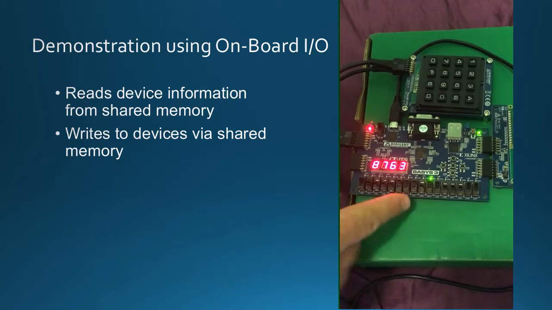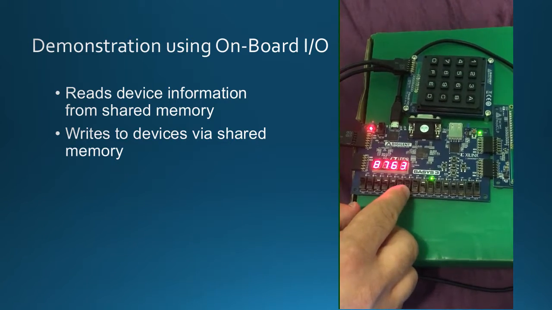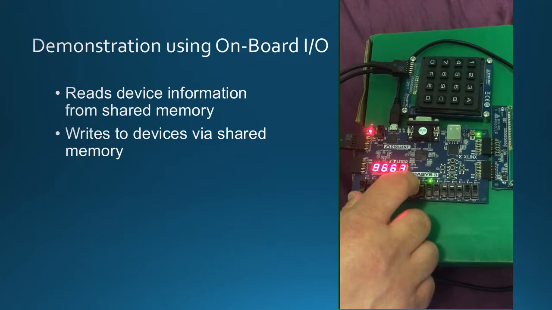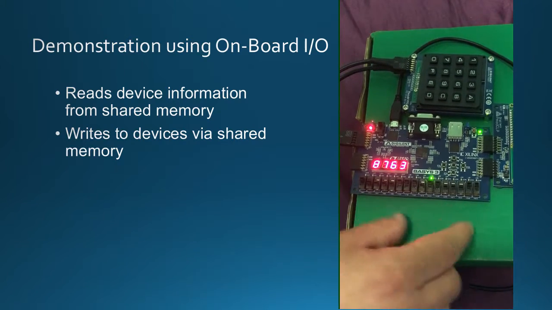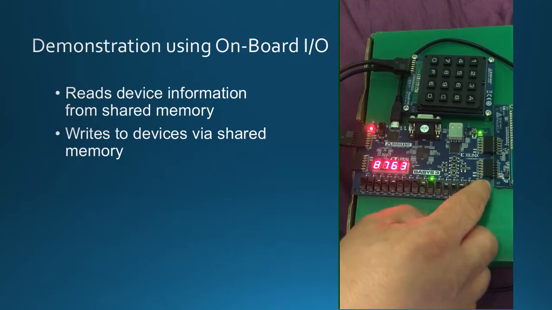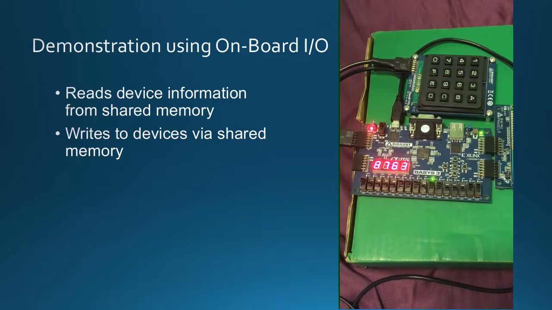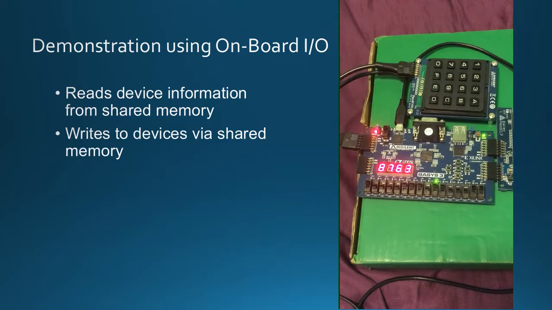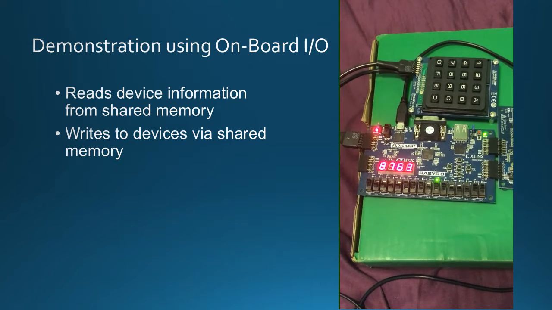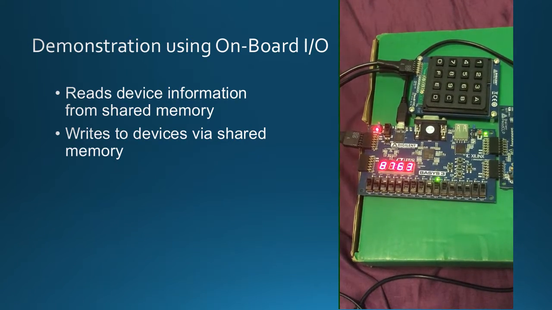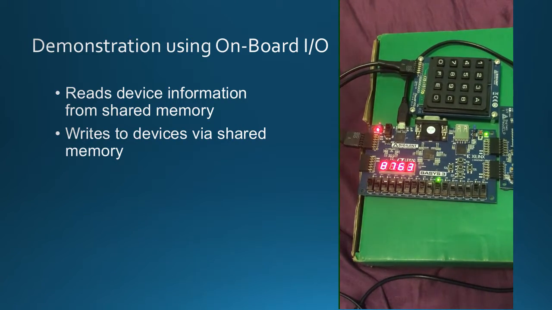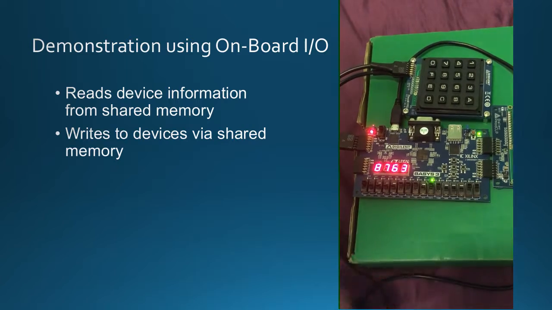I can change it to a 6 by flipping a switch, or then 6 and 3. I can change to 2, and so basically it's tied to the switches. They're not directly tied to the switches. It's actually machine code that is taking the values from one location and writing them out to the 7-segment displays.